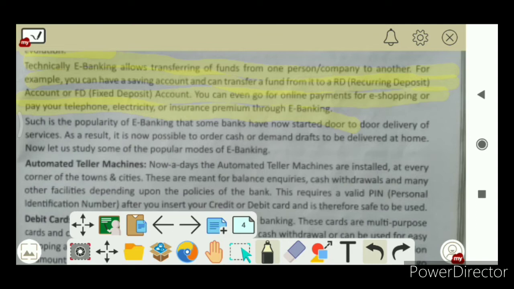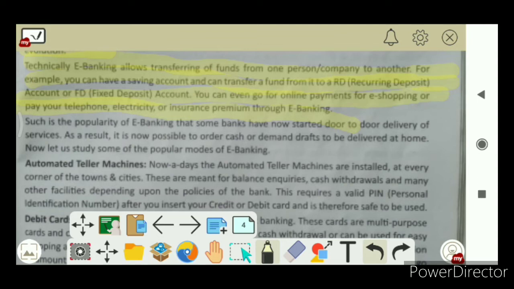If you have many accounts of different types, suppose a savings account, recurring account, or fixed deposit, you can transfer the money from one account to another account using this facility.